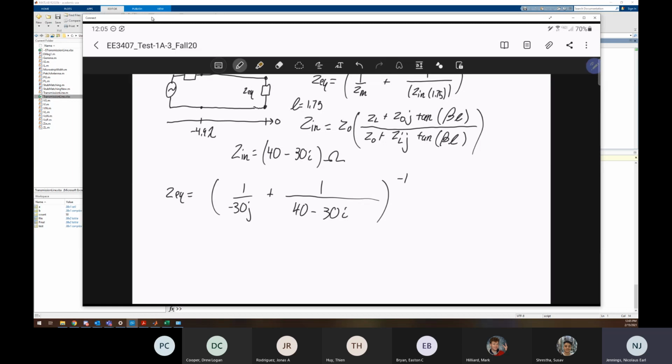You should always remember that the value you should get should be smaller than your smallest impedance when you're doing this type of thing. So it appears it should be less than minus 30j ohms. Anyone get a value for this right here?